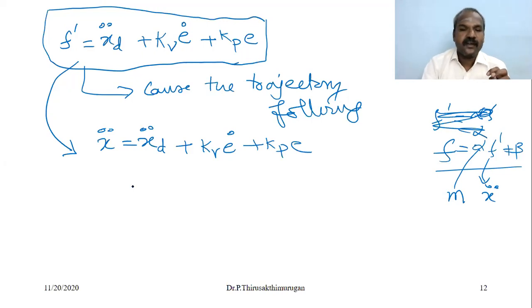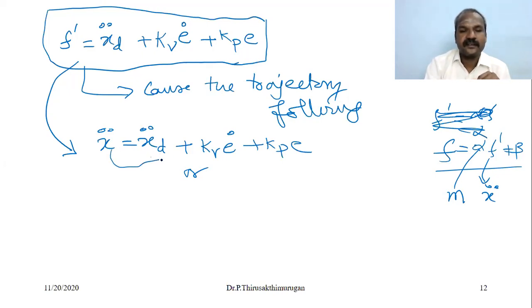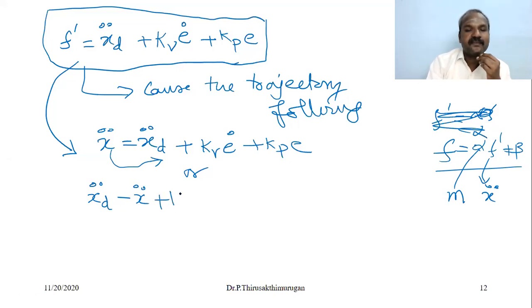So this equation causes the trajectory following, F dash equal to x double dot. I bring this x double dot to this side, so the equation becomes xd double dot minus x double dot plus Kv times e dot plus Kp times e equal to 0.